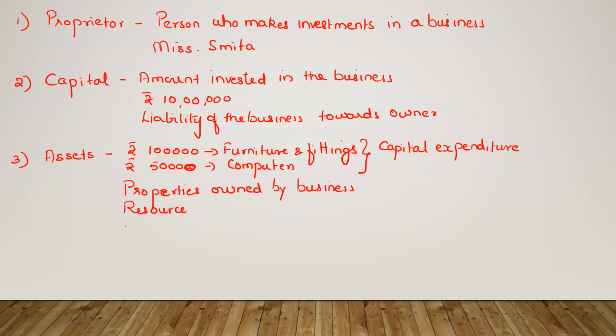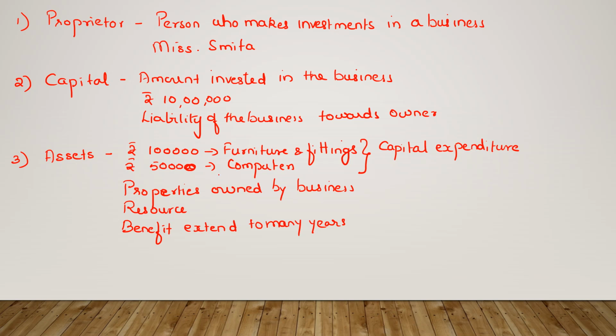And it is that type of expenditure where the benefit from which is going to be received over not just one accounting year, but it is going to extend to many years to come. Having furnished her showroom, having purchased a computer, she is not going to be using it for only 1 year.